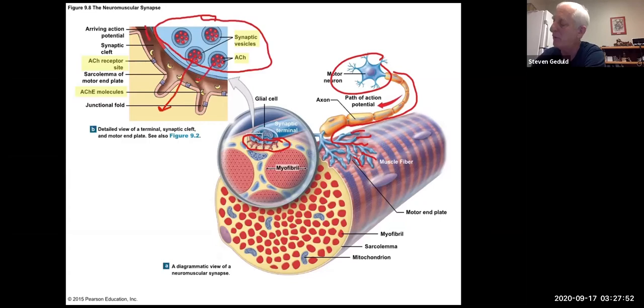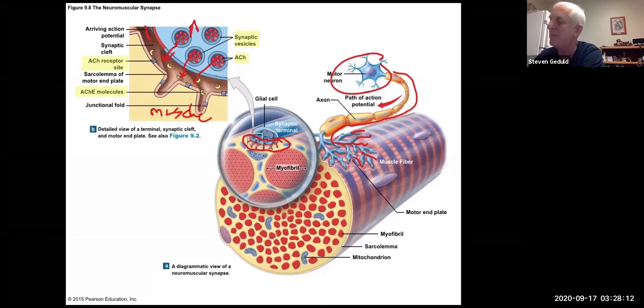Oh, I made that arrow too far. Okay, so the ACH goes right into the cleft. This is the cleft right here. So this is the nerve cell, and this is the muscle cell. And these are little receptors. So the ACH binds receptors and causes the calcium to be released.